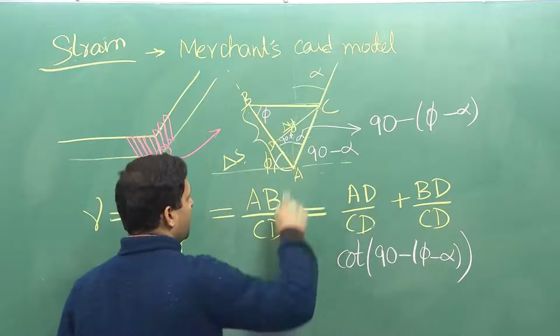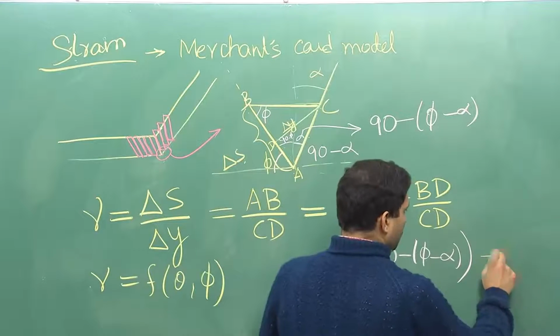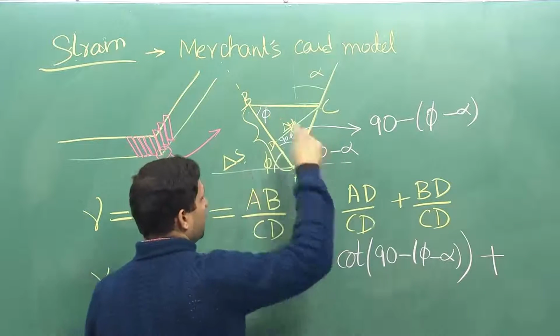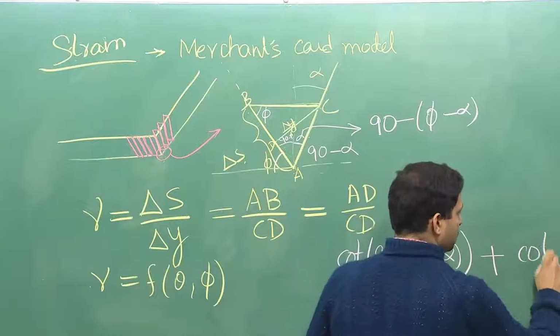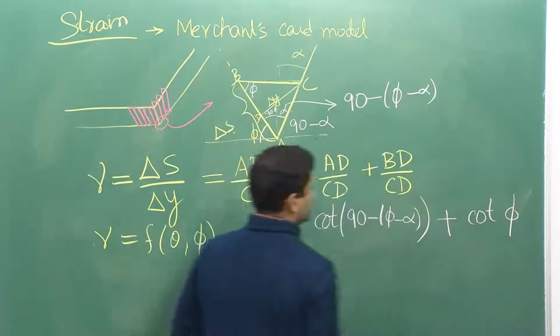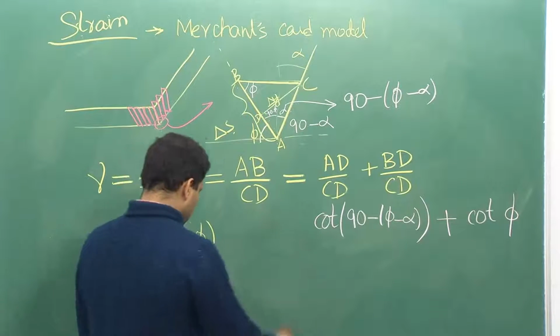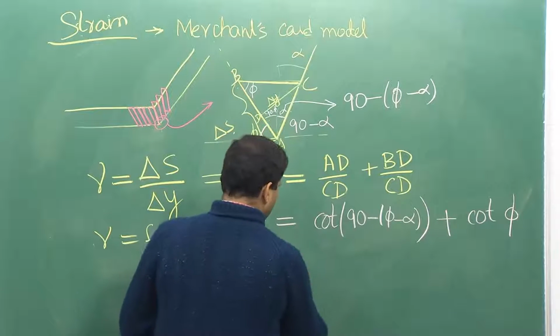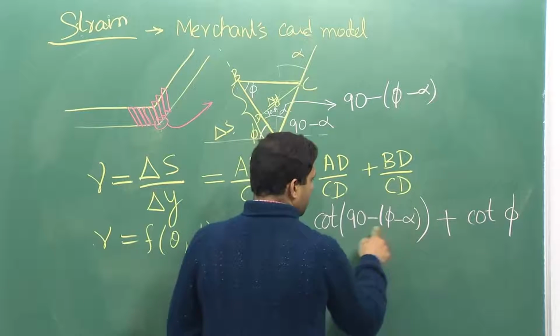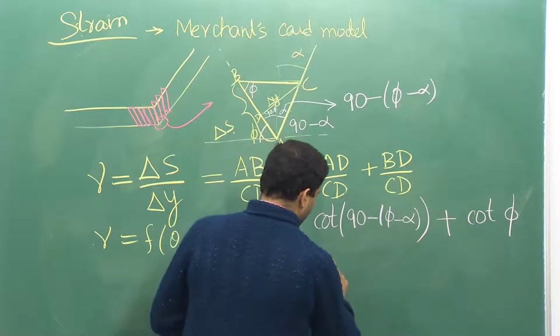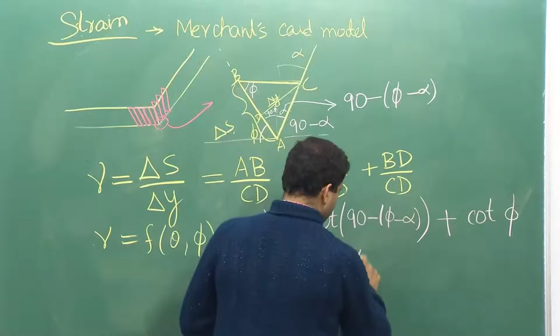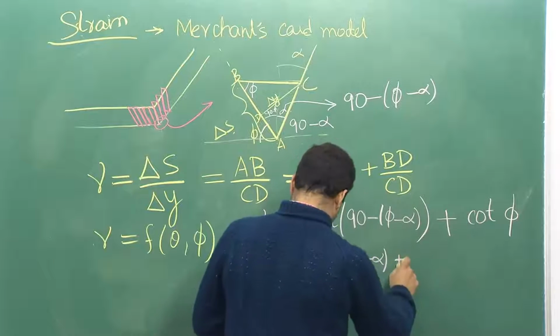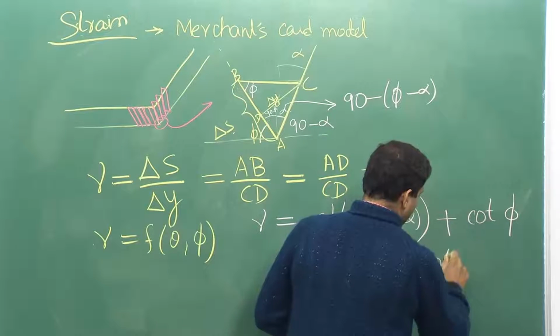BD by CD is nothing but cot of this angle phi. So, this is your gamma. Now, gamma can be written as, since this is 90 minus this, we will write it as tan plus cot phi.